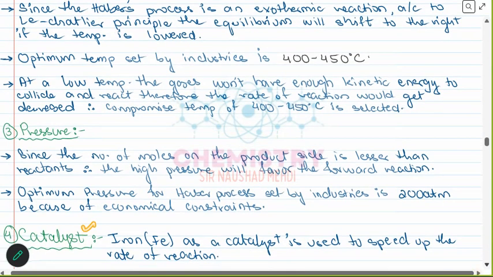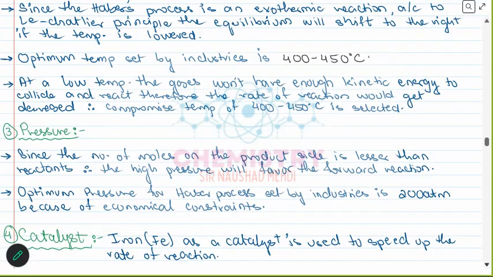So obviously we need a catalyst so that we can get the ammonia gas in a shorter period of time, that is, increase the rate of reaction for producing ammonia gas. As you can see, we have compromised on the pressure; we have kept it only up to 200 atm. That compromise can be covered by using a catalyst.